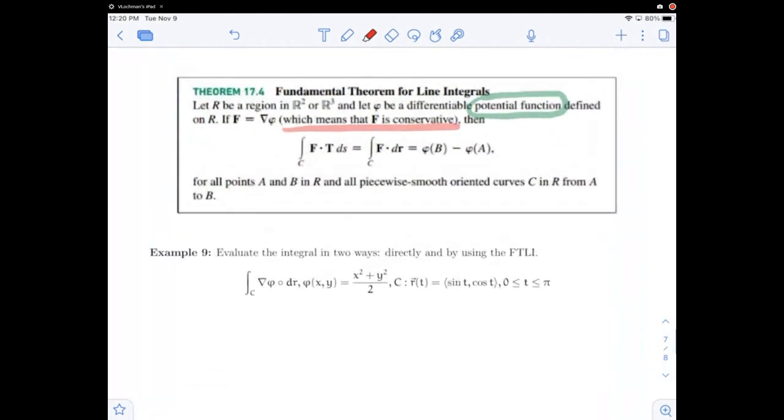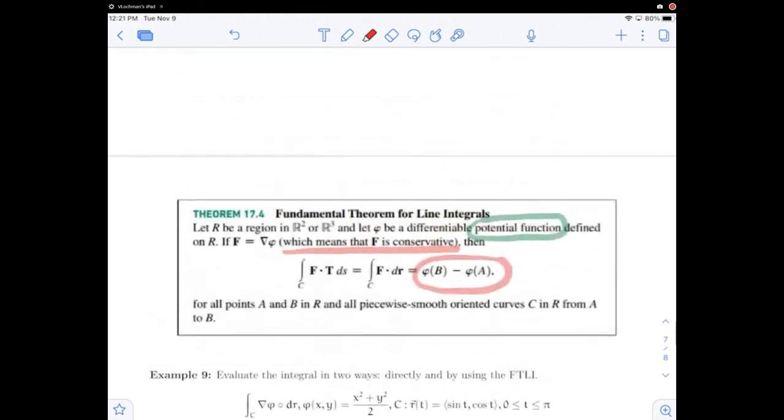Then the line integral over this curve C of our vector field can be just computed as this difference right here, phi of B minus phi of A. And let me go ahead and give you a picture of what's going on here. Let me put it up here.